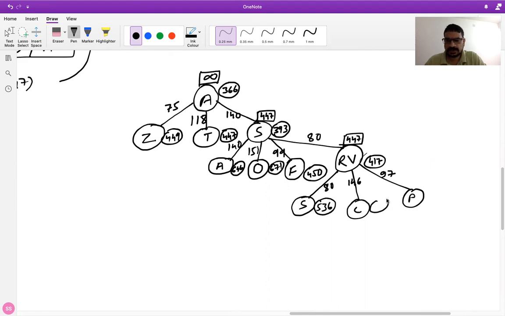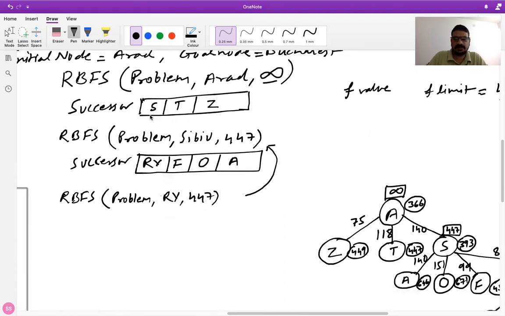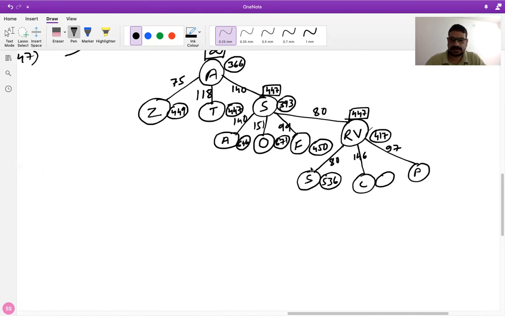For India, what is it? 220 plus 146 plus SC 160. That is 526. 526 is greater than 417.